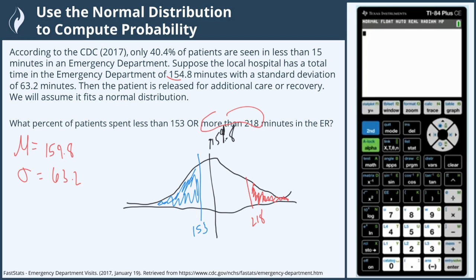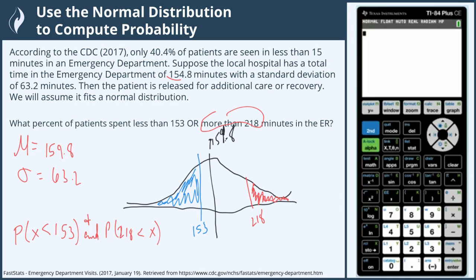So let's do this on our calculator. Should probably write this as well. So this would be P of x less than 153 plus P of 218 less than x. 218 is less than x because we want the two outside areas.